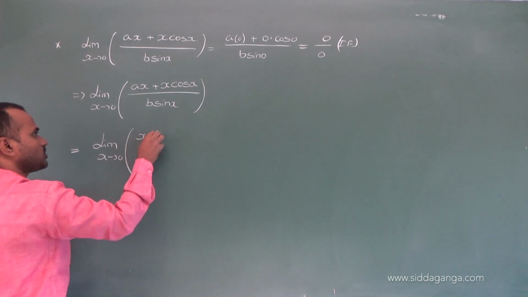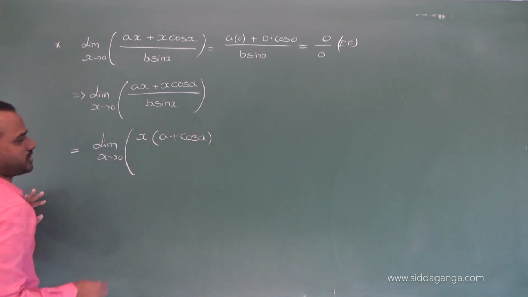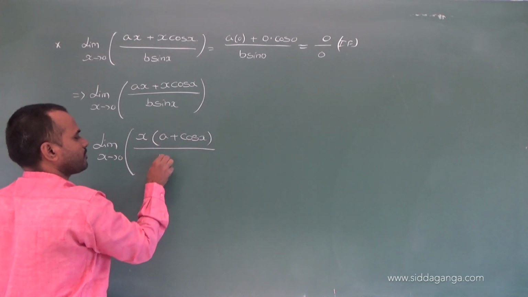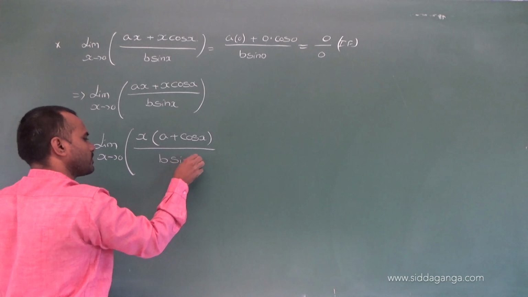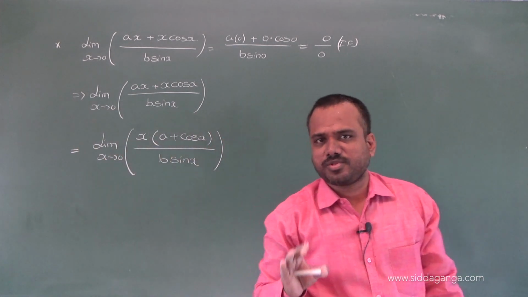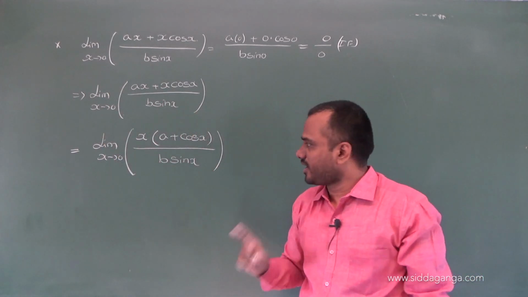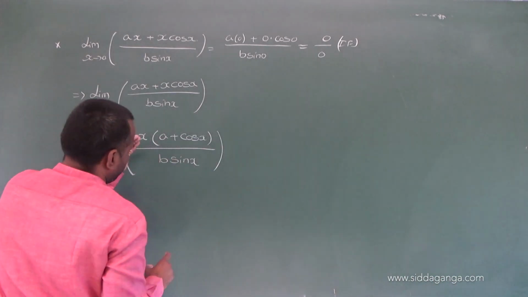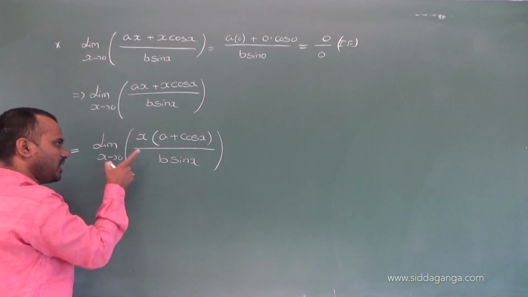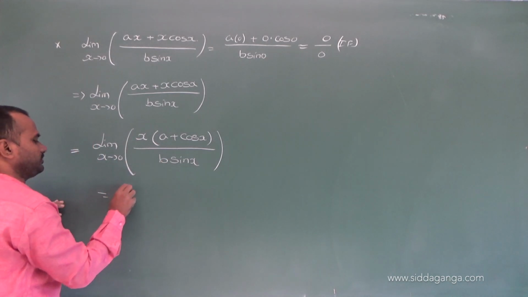If I take x common, a plus cos x, over b sin x. This is the first step. In the first step, what I do, I take x common. We shifted it by denominator, denominator by denominator.